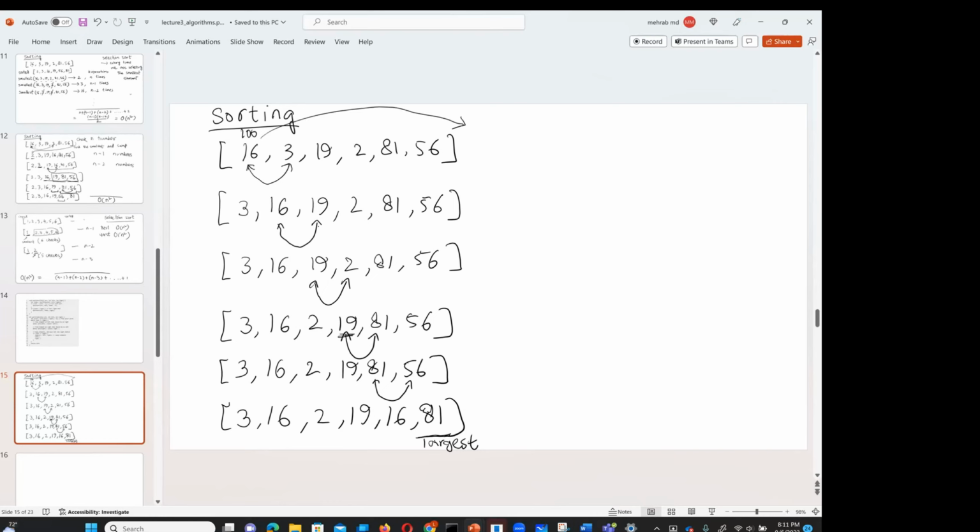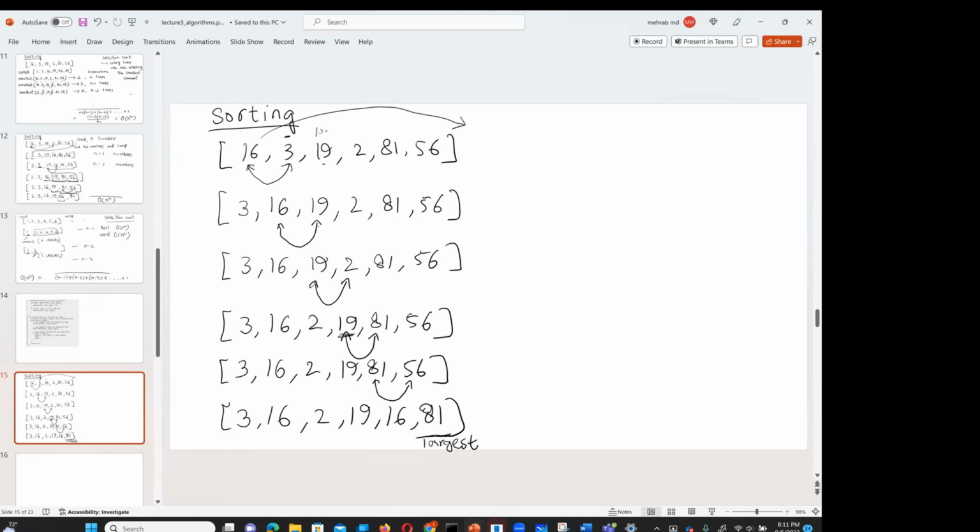Because 100 would have first been checked with 3, and 100 would have moved here, then 100 would have been checked with 19, and would have gone here, right? Okay? Is it clear to everyone? Yes. So even if the largest element was on the leftmost, it would have propagated to the rightmost, right?